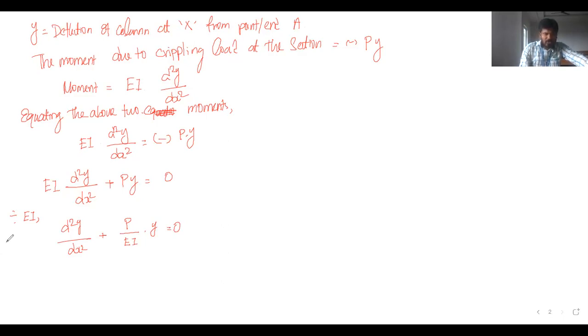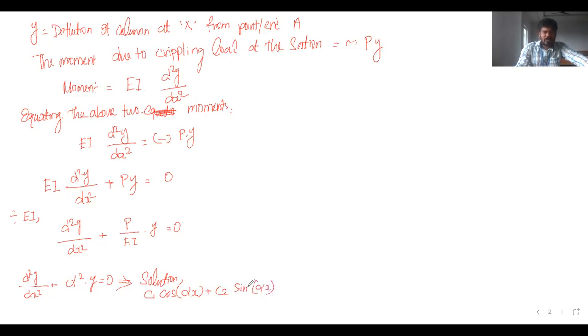Now the solution for this equation. It looks like d squared y by dx squared plus alpha squared into y is equal to 0. If it is like this, the solution becomes c1 into cos alpha x plus c2 into sin alpha x.